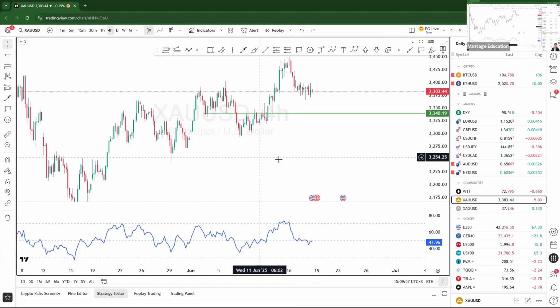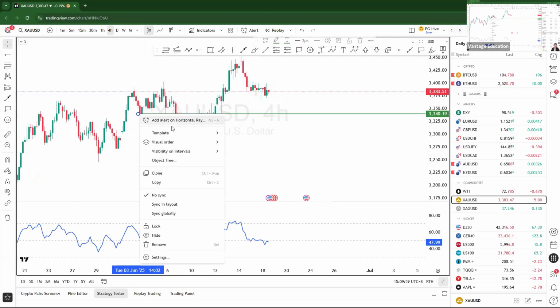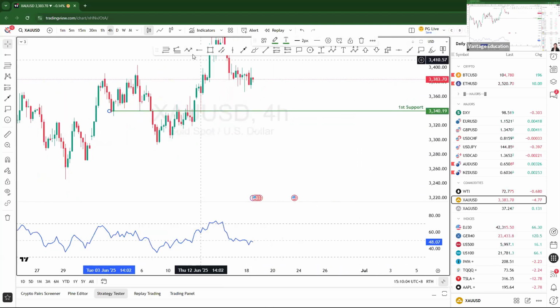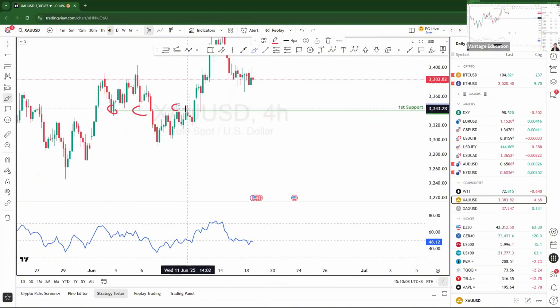This is going to be your support level based on the H4 time frame. So we will identify this as our support level, just one line, right? One line here. Where there is a support level, if price breaks above it, it becomes your resistance, and when price pulls back again, here is your support level.